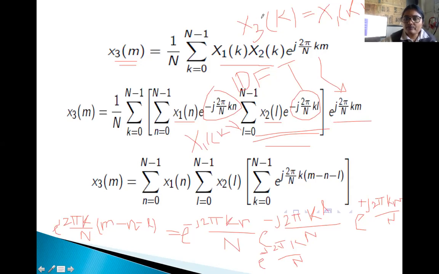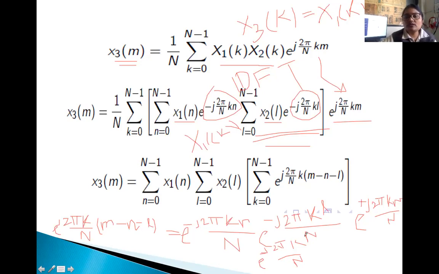So these are the terms which now remain, and the base of this exponential part is the same. If they are multiplied and the base is the same, then we can add all the exponent parts. इथं आपण आता बेस सेम असल्यामुळे त्याच्या एक्सपोनंट व्हॅल्यूची ऍडिशन करणार आहे. ऍडिशन करताना आपल्याला काय इथं समजलंय की this j 2 pi k upon capital N is constant.